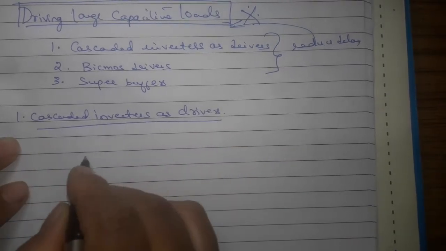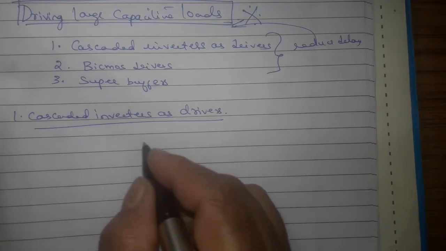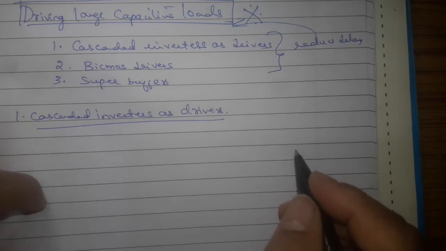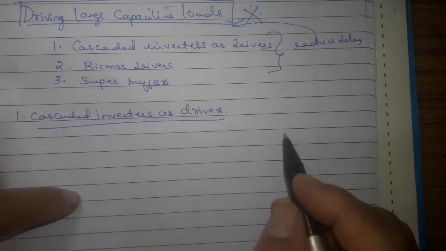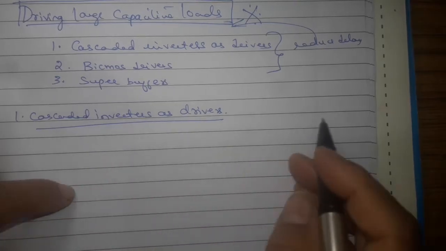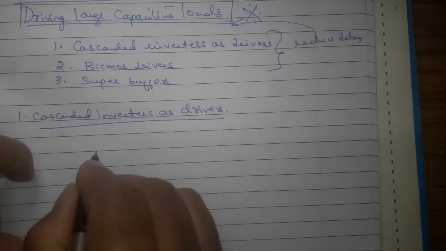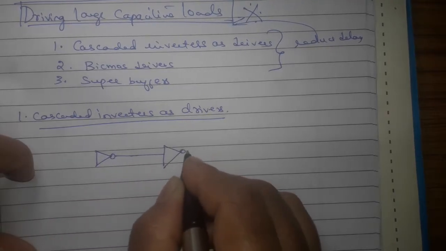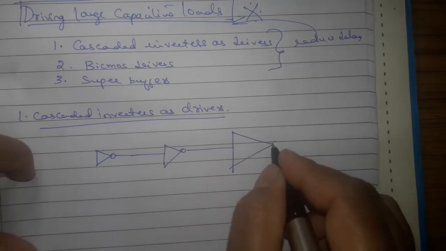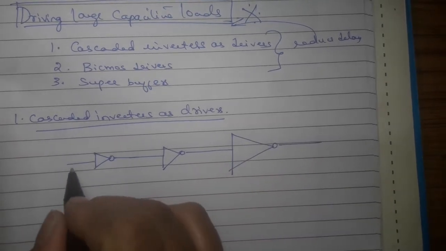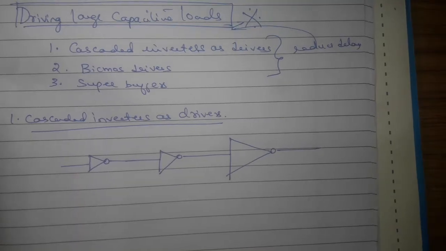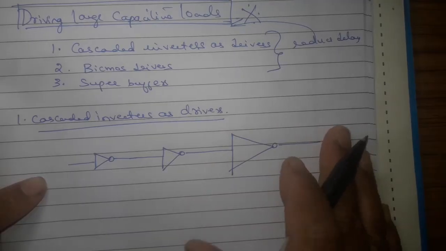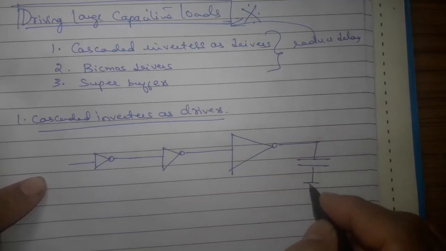What we do here is, instead of having one driver, a CMOS inverter which is very huge in size, we are going to split it into some n number of stages, wherein your first stage will be a smaller one, and then the second stage will be a bit bigger than the previous one, third stage, and like this the stages go on, and the sizes of the inverters also increase as you proceed forward in driving your large capacitive loads.